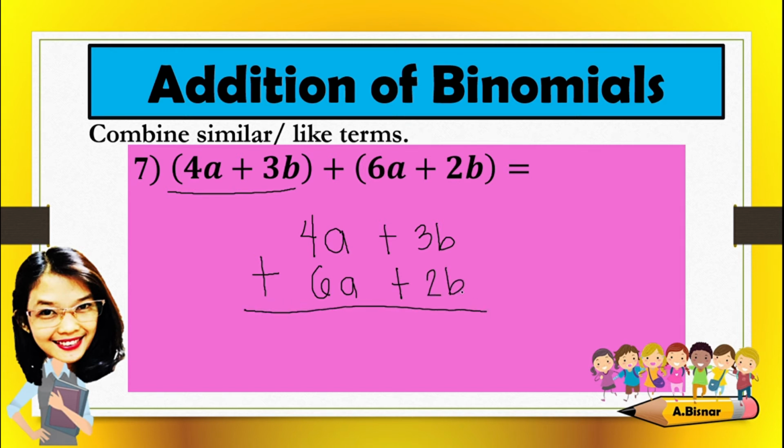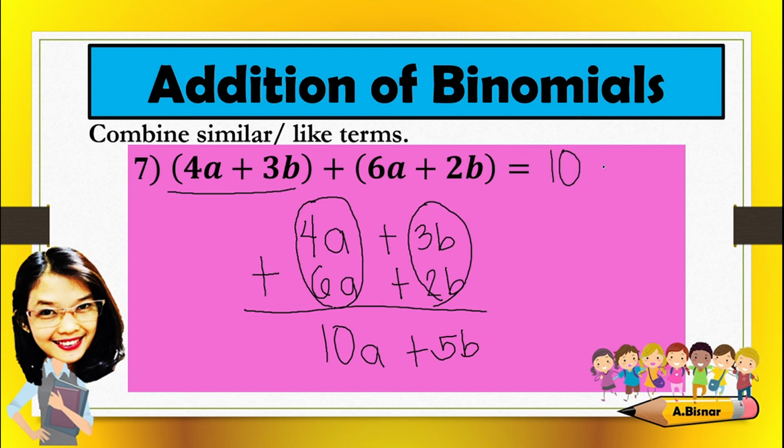Since they are already aligned, we can now combine them. 4a plus 6a, we will have 10a. 3b plus 2b, we will have 5b. Therefore, the answer is 10a plus 5b.